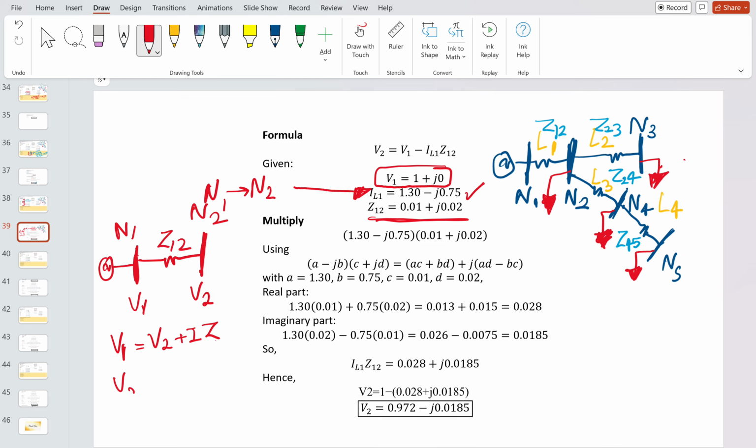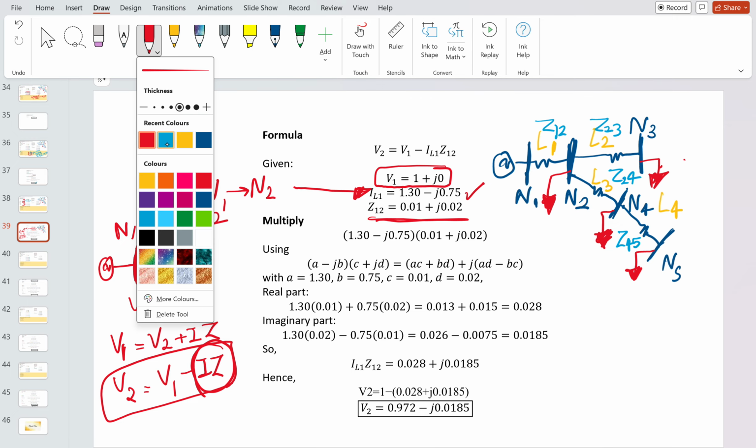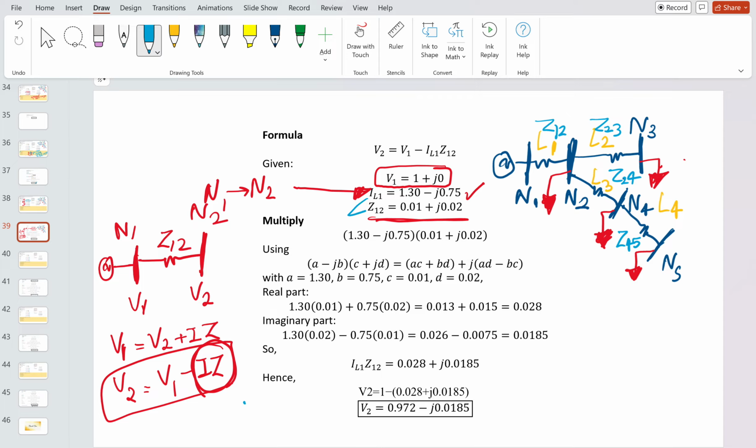Or you can say that V2 is equal to V1 minus IZ. This is a simple equation to be known. But here the problem is that we have to find IZ. So first find out the IZ, multiply both, and you will get this.